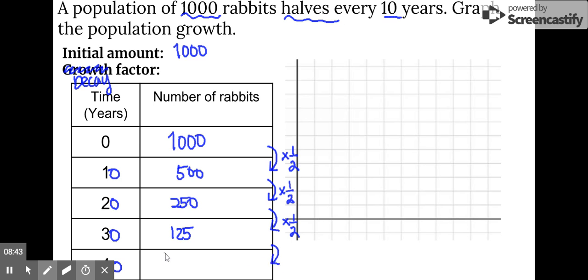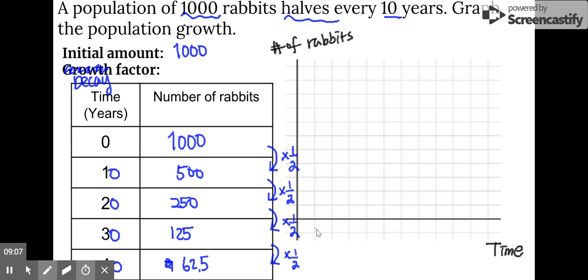And you're going to have 62.5. I know theoretically it's impossible, but let's just find the rule. All right, so this is time, and this is number of rabbits.